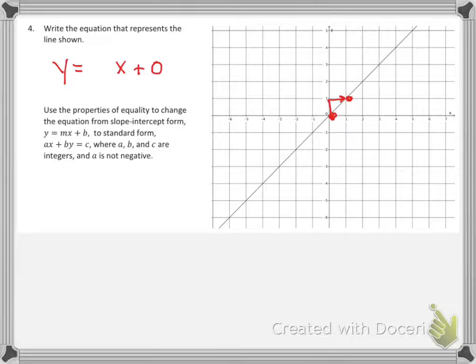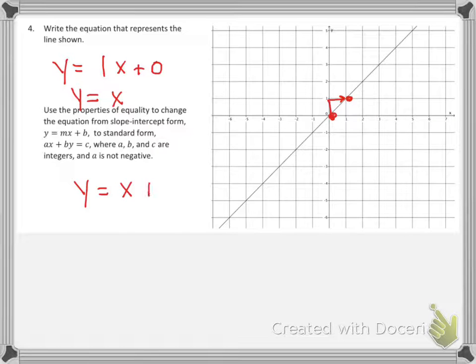So that's just x, or 1x. So really, y equals x. And that's the slope-intercept form.